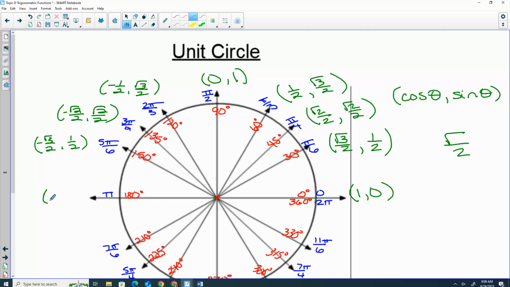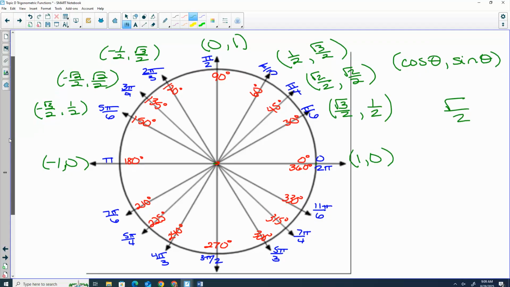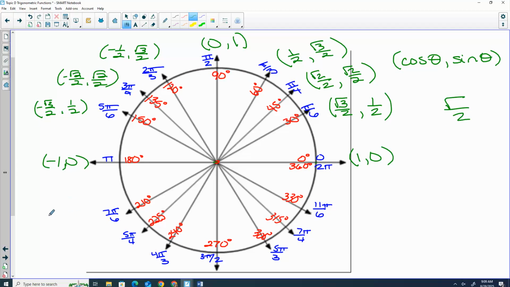Same for the 1, 0, and negative 1, 0. What's true if you have points in the third quadrant? They're both negative. So the same, the pi over 6 and 7 pi over 6, those match up. It's just both the x and the y are negative.